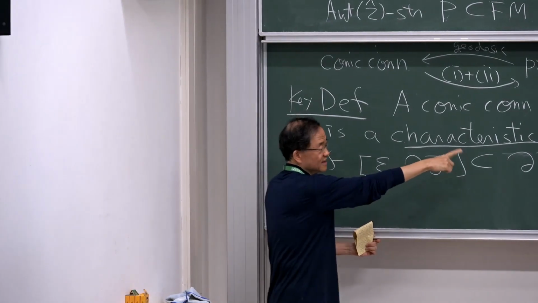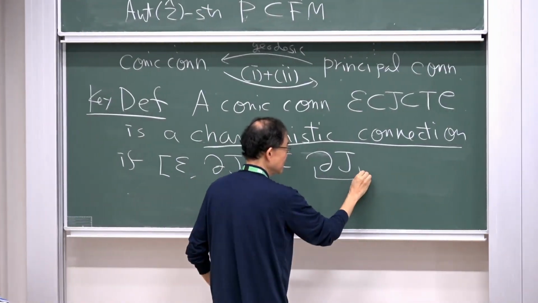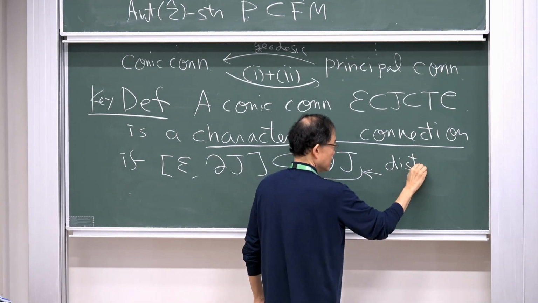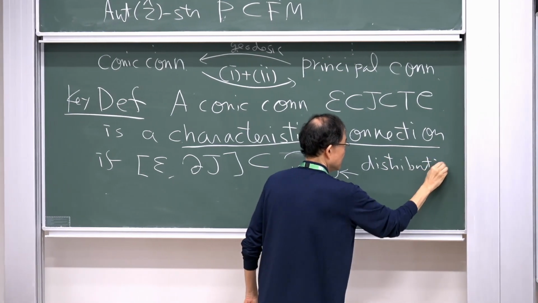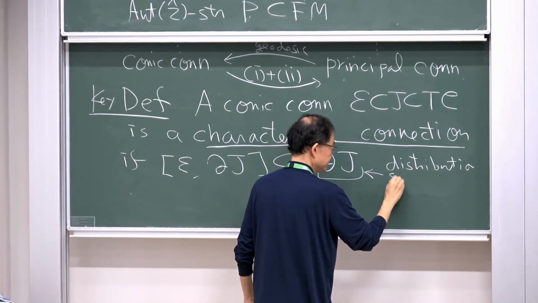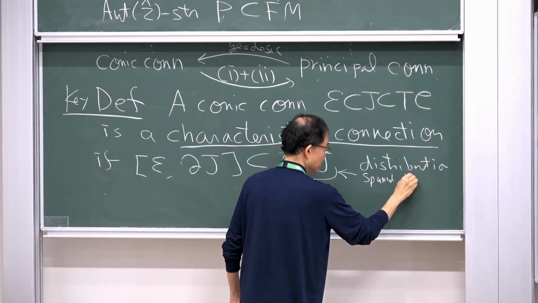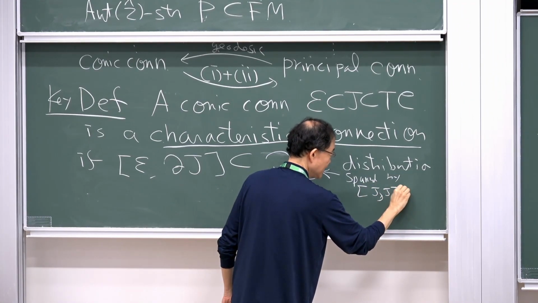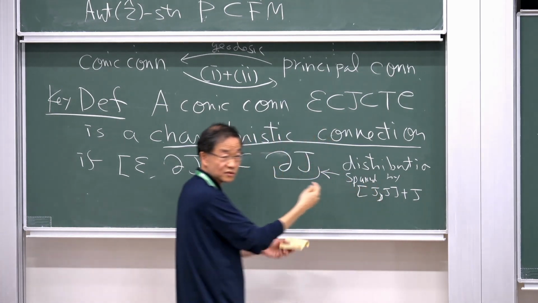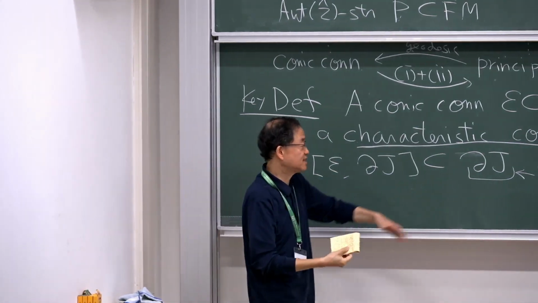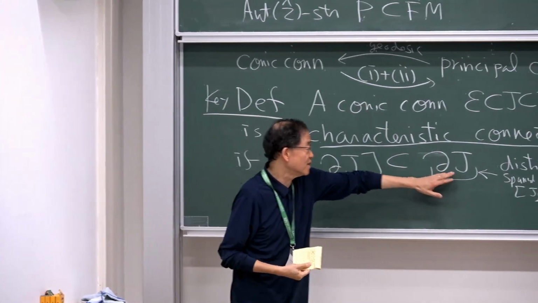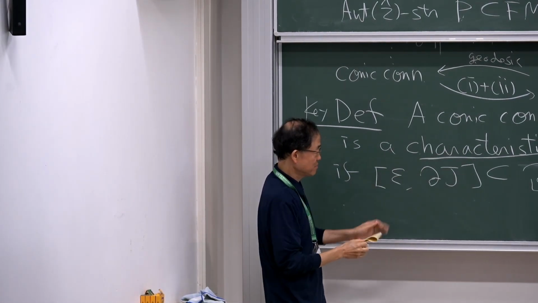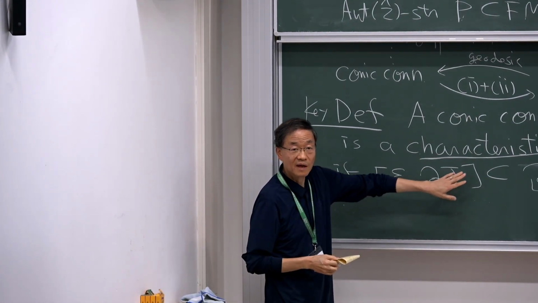So here, dj means that this is the distribution spanned by the Lie bracket of J itself and J. So it's just what's called the derived system of J. So characteristic conic connection means that it has this property.